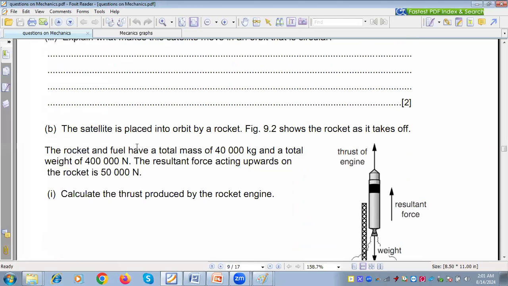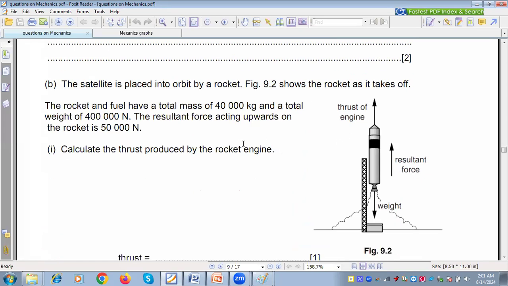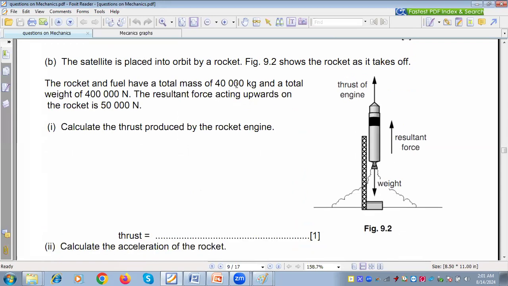The satellite is placed into orbit by the rocket. Figure 9.2, of course, this must be question number 9, and this is the second figure, shows a rocket as it takes off. The rocket and the fuel have a total mass of 40,000 kilograms and a total weight of 400,000 newtons.